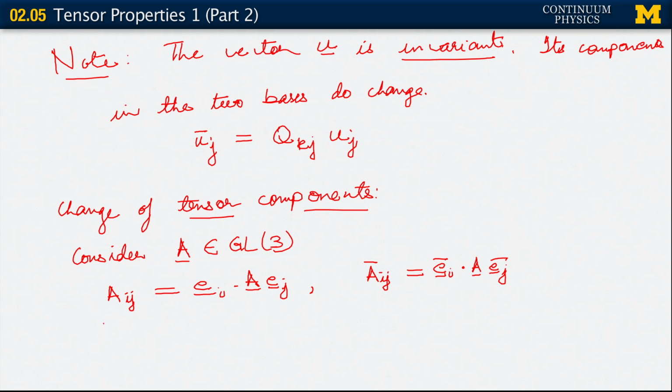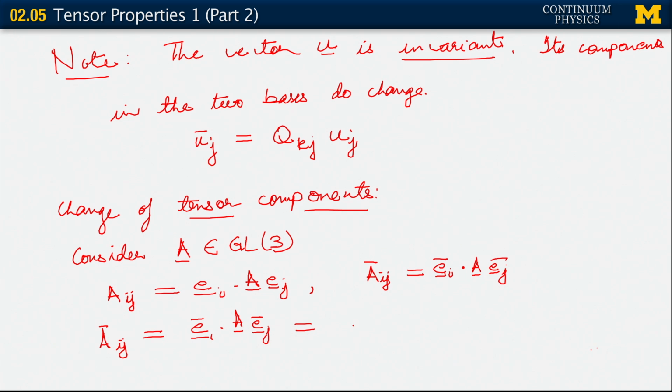So, we're going to write A bar ij equals, we're going to rewrite that expression from there, E bar i dotted with A E bar j. And then we're going to use exactly the relations we used in doing this operation for vectors.